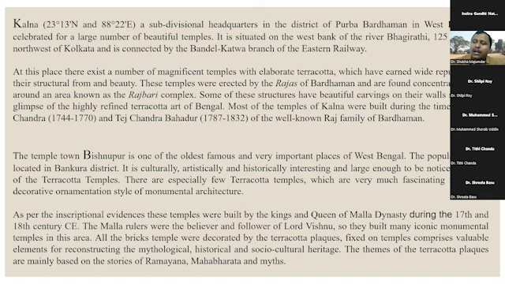On the other hand, Bishnupur, which was established by the Malla dynasty, has a good number of temples, and most of them are protected by the Archaeological Survey of India, and there are some unprotected temples also.